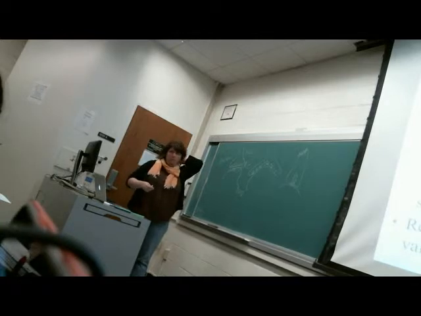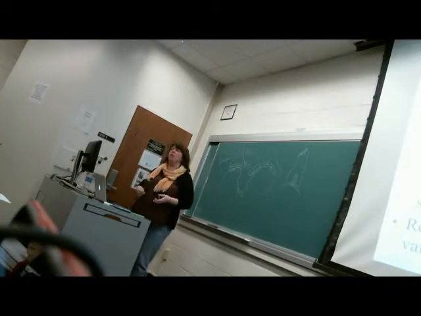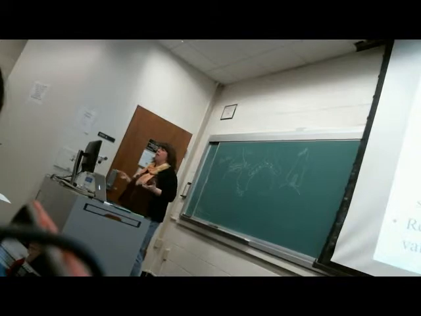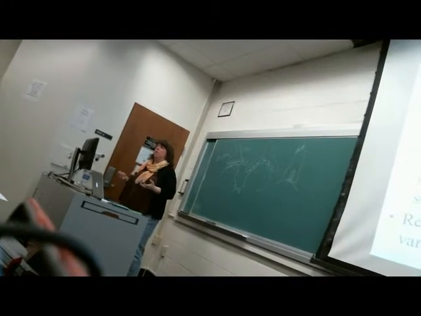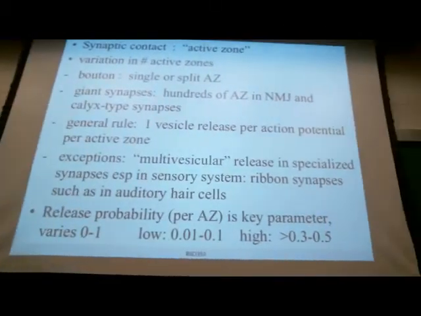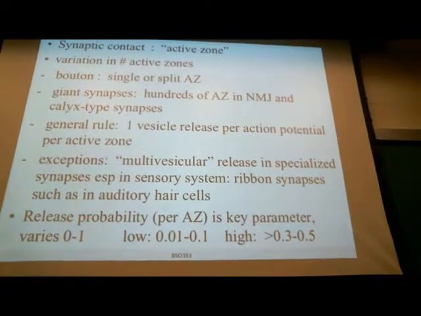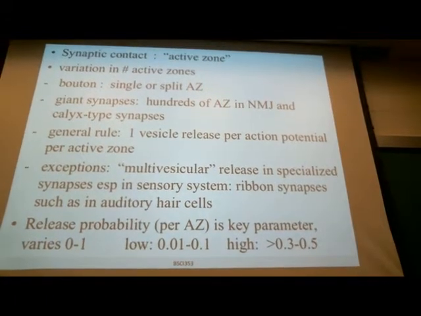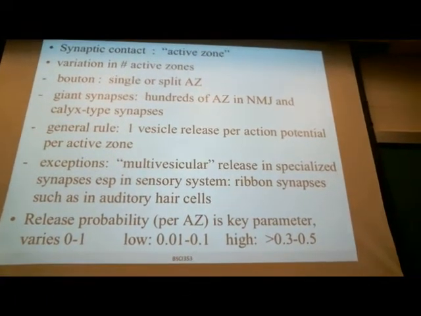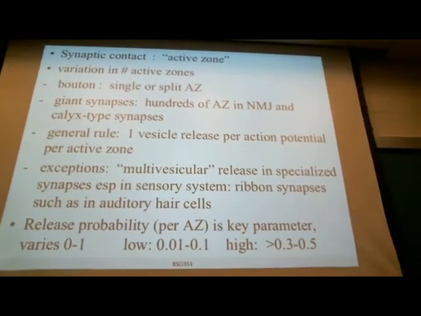So release probability is a key property of a synapse. So oftentimes we think of a synaptic weight. And the release probability, as a probability, varies between 0 and 1. And a typical low-end release probability is about 0.01 or 0.1.